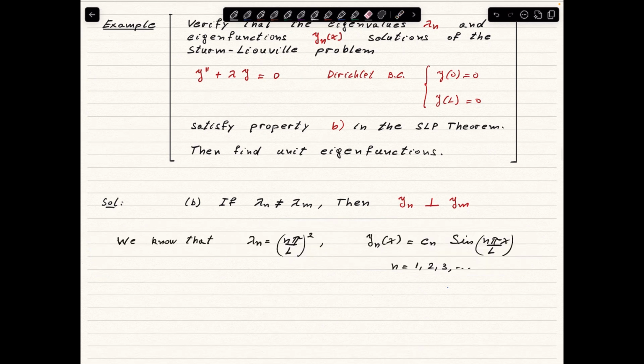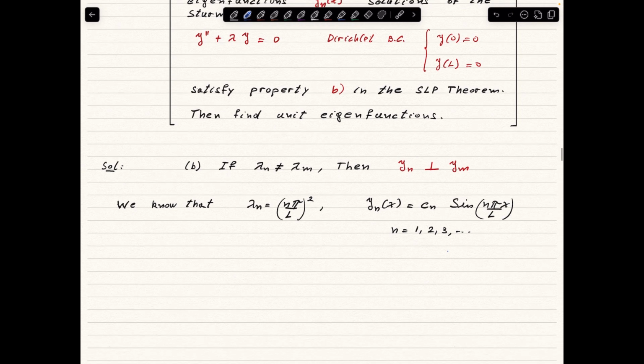We know for this eigenfunction problem with Dirichlet boundary condition that these are the solutions. There are infinitely many solutions, yn, given by any constant proportional to these particular sine functions, and these are the eigenvalues. Okay, instead of working with our arbitrary constants here, we are going to choose them all to be 1, and we are going to work with that.